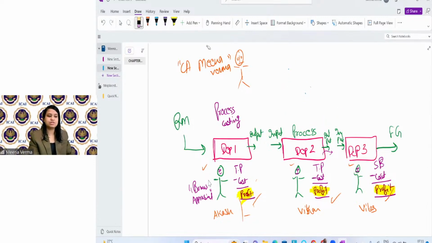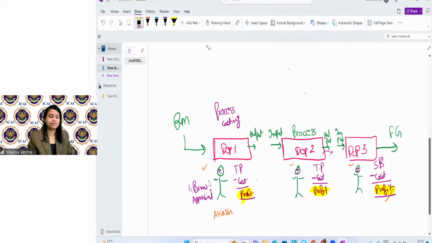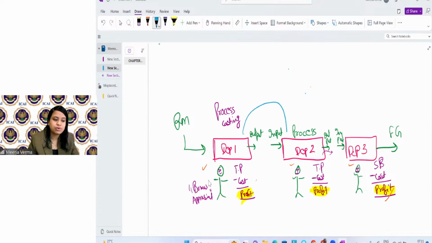Now the question comes, what is transfer price, ma'am, here? So you can see these different departments are actually transferring the goods from one department to another department.